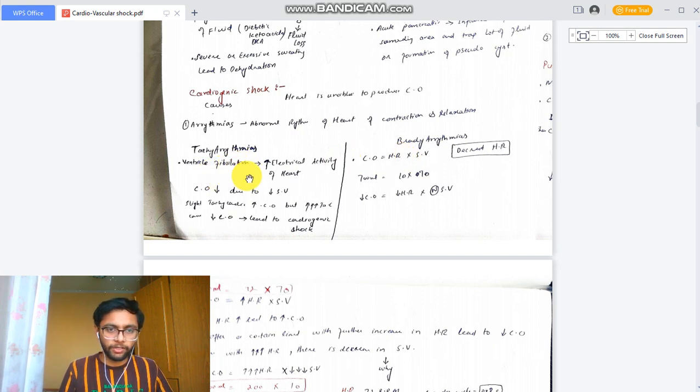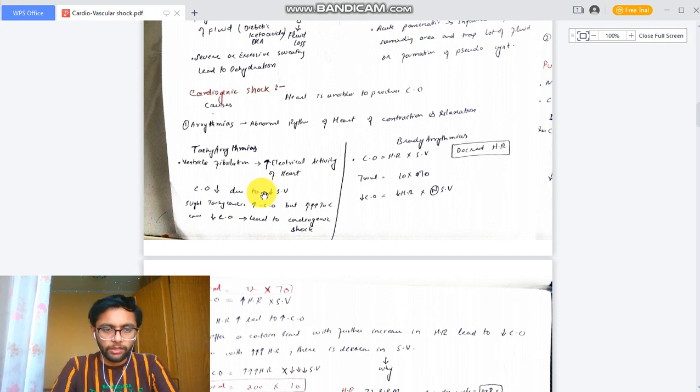Tachycardia, such as in ventricular fibrillation, leads to increased electrical activity of the heart. When the electrical activity increases, cardiac output decreases due to decreased stroke volume. Normally the stroke volume of the heart is 70 ml.